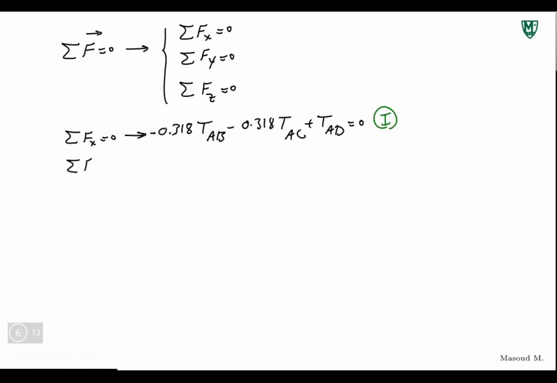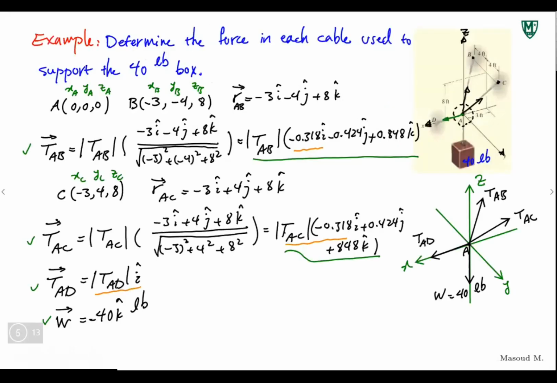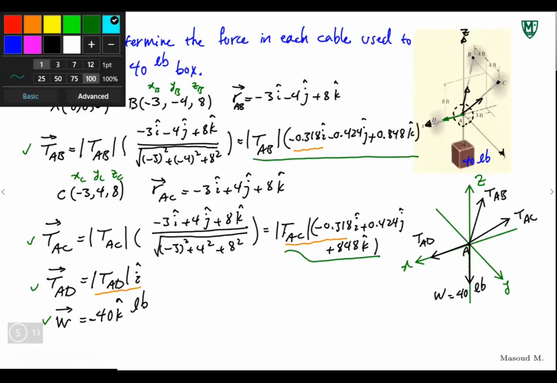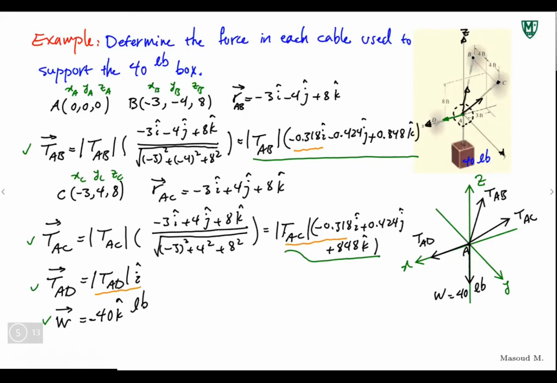Summation of forces in Y direction. Going back, I'm going to come back to this page. These values. So let me use a different color. So that would be TAB multiplied by minus 0.424, TAC multiplied by plus 0.424, and that's pretty much it. I don't have anything on TAD.